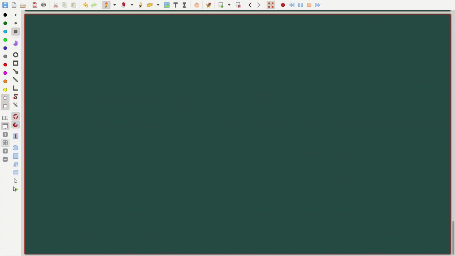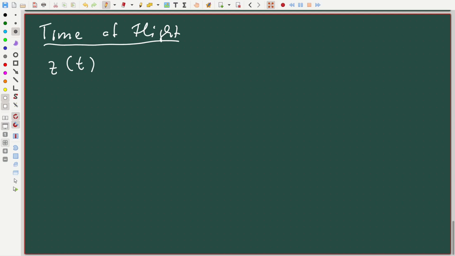So in order to do this, we could either use again z of x, but in this case I would like to do it by first calculating the time again. So we can also calculate the time of flight of our object. And in order to do this, we use again our function z of t, which has to be then equal to 0.